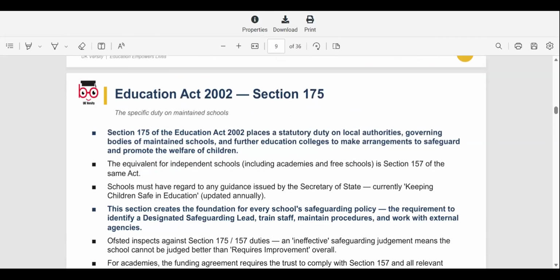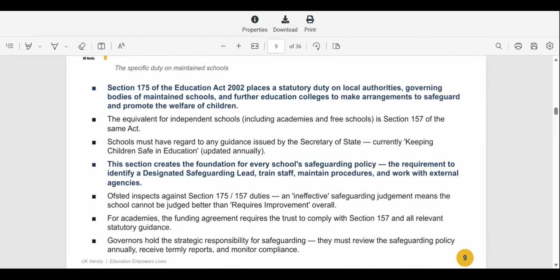Then we have the Education Act 2002, Section 175, which places a legal duty on local authorities, governing bodies of maintained schools and further education institutions in England and Wales to ensure that functions are carried out with a view to safeguarding and promoting the welfare of children.